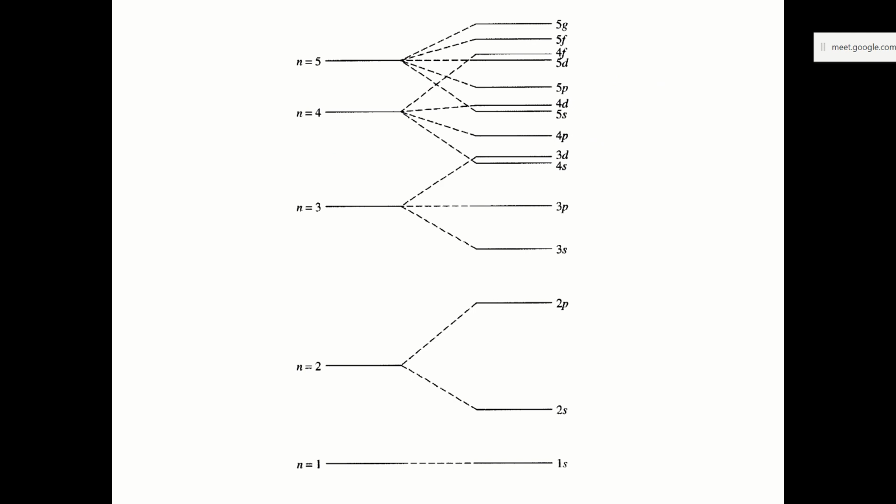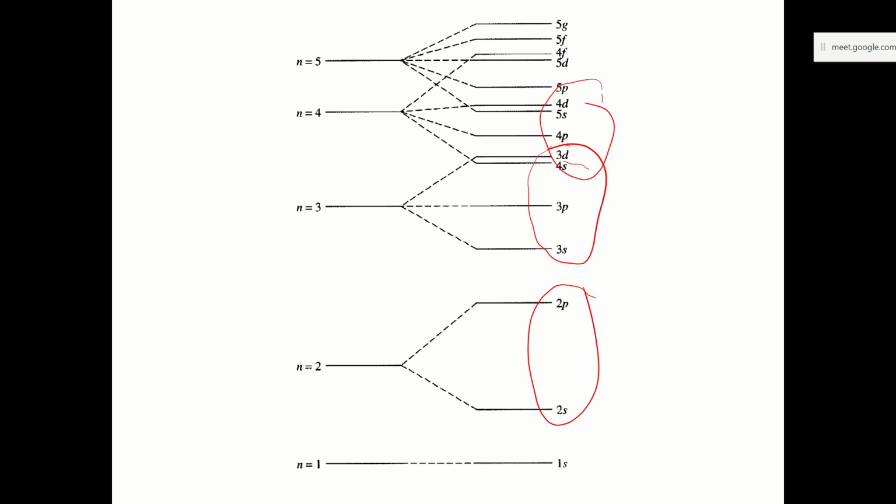The staggering of energy levels 3s, 3p, 3d, this happens for 4s, 4p, 4d like this, 2s and 2p. This is a multi-electronic system. In the multi-electronic system, it is basically the electron-electron interaction that changes things.